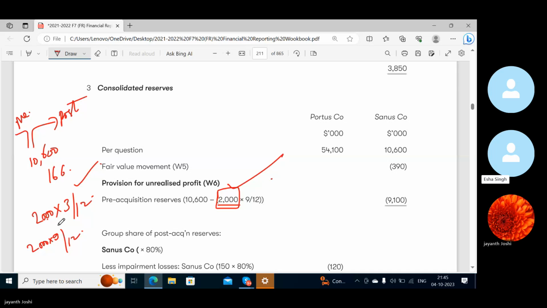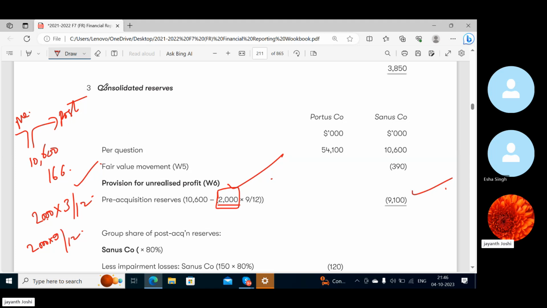Yes, sir. So there are two methods to do this. One method is this one, whereby we directly take the 9 months value and remove it from this 10,600. So we'll be getting pre-acquisition reserves. Or else, this is a better way, according to me, more easier to understand.